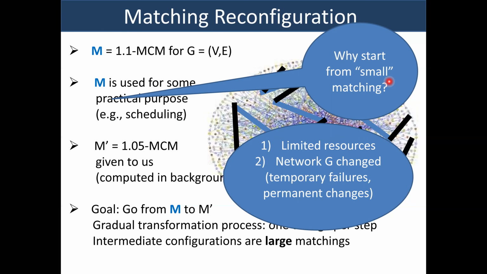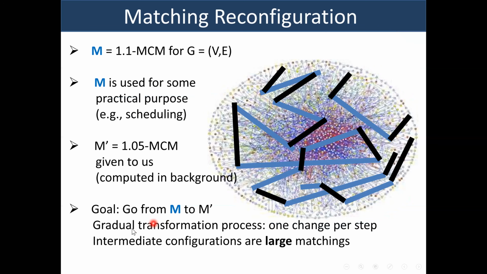And another reason might be that the matching M might have been really great, maybe even the maximum matching for the graph, but it was a while back, and the network G has changed in the meanwhile, either by temporary failures, like communication links that crash, or by permanent changes that are part of the normal behavior of the network. One way or the other, the matching that we have for the current graph is not good enough, and we would like to switch to a better matching.